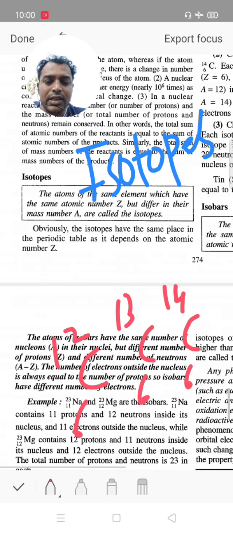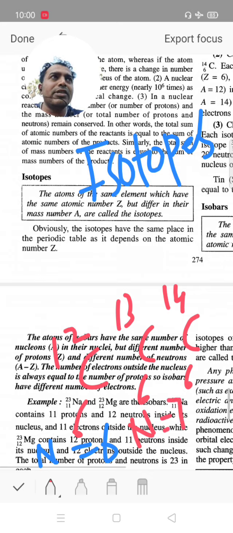Carbon-12 contains 6 neutrons, carbon-13 contains 7 neutrons, and carbon-14 contains 8 neutrons.